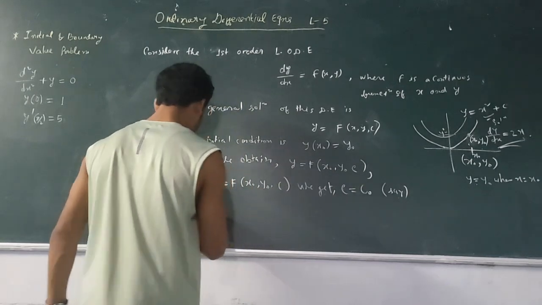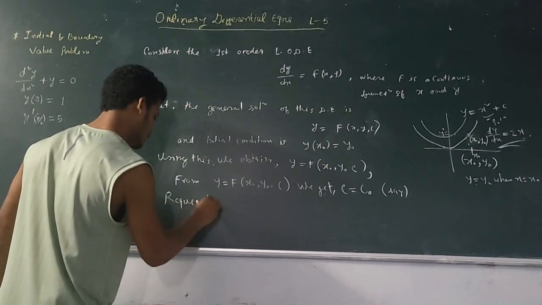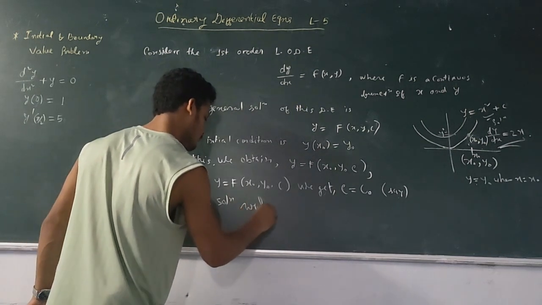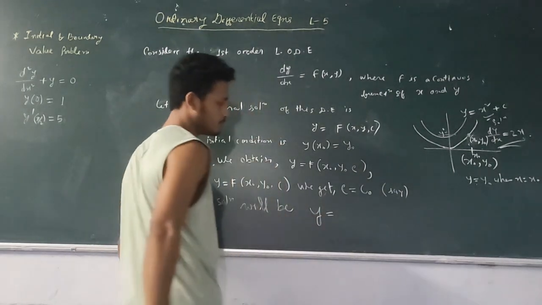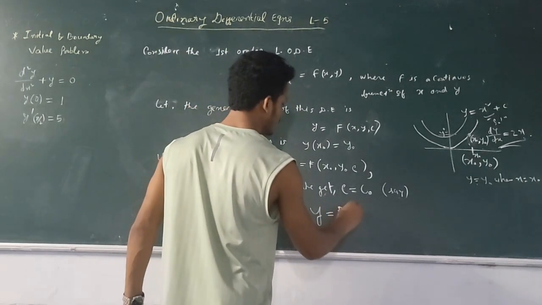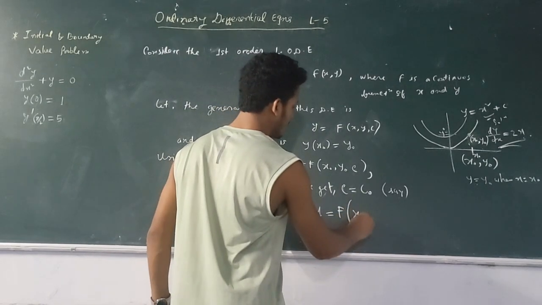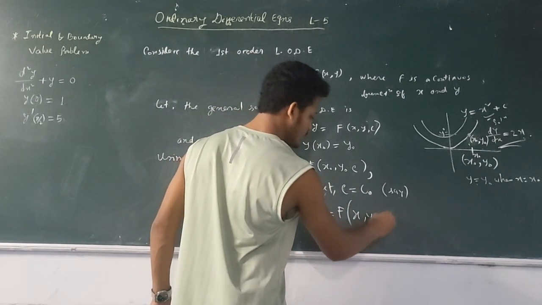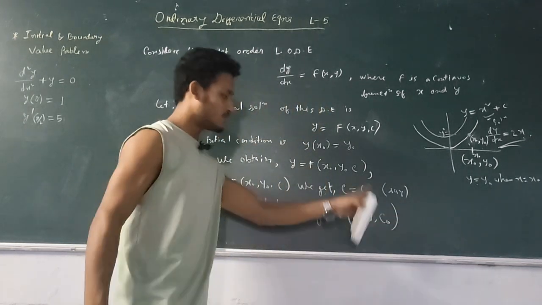Hence, the required solution will be y is equal to, put in the general solution f of x y, in place of c you will put c naught.